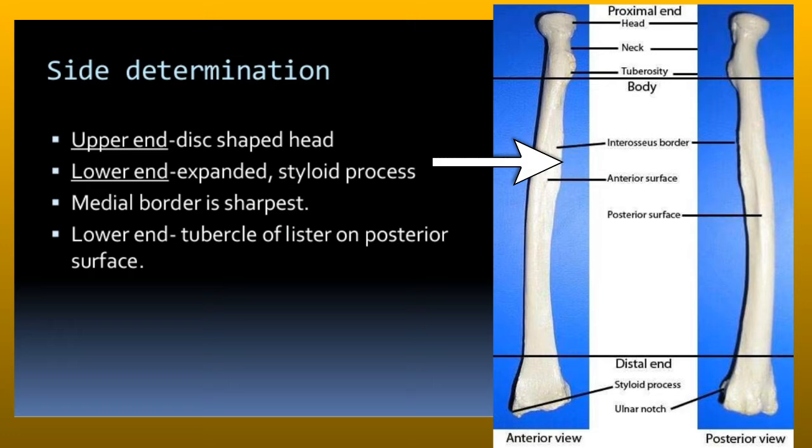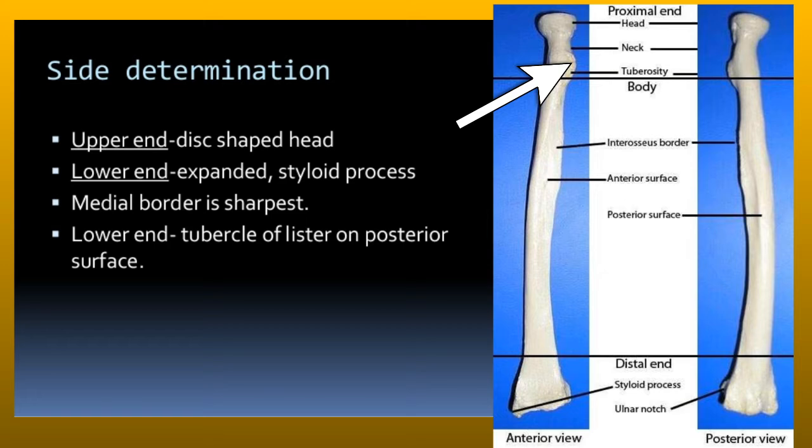Whatever the sharpest area, you can see, the interosseous border, we can say the medial border, of this particular radius bone is sharp and represents the medial border of the radius bone. Now remember, close to the neck of the radius bone, as you can see, is the head, and this is the neck.